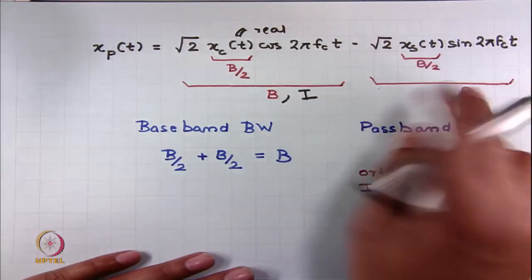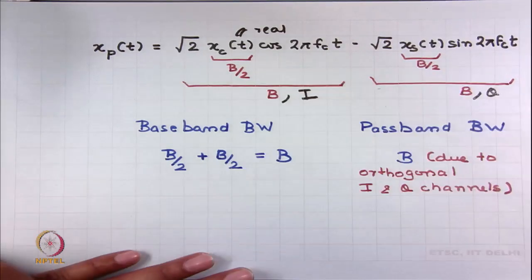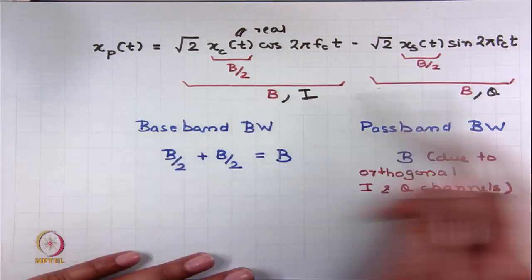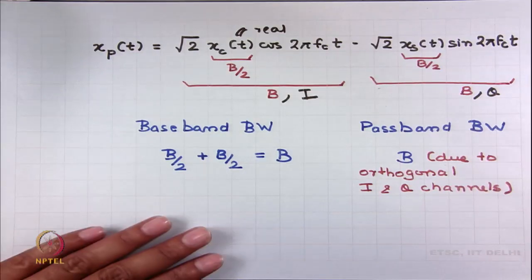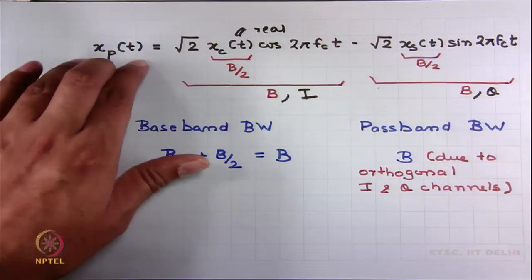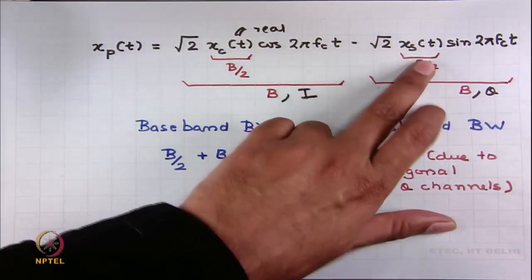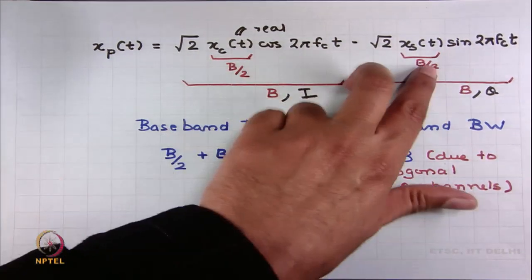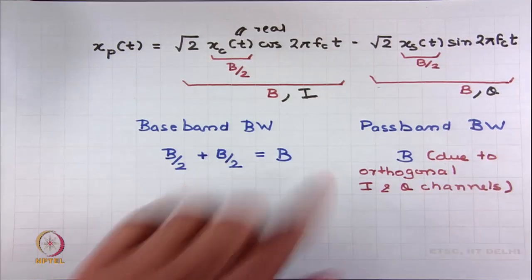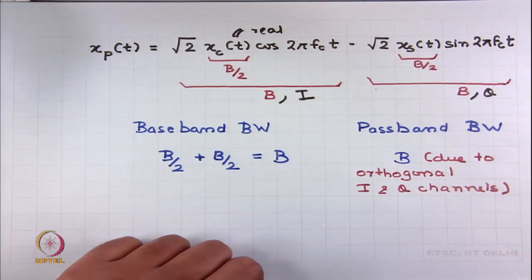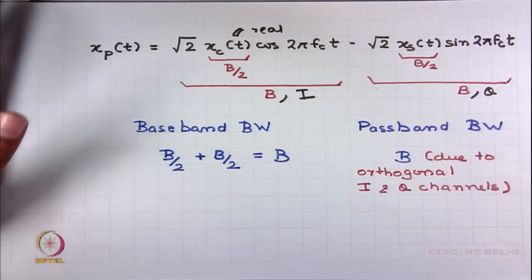The bandwidth of this Q channel is also B for the same reason, but the total bandwidth of the signal is also B, it does not add up. Why? Because I and Q are orthogonal components, and thus the total bandwidth of x_p(t) is B, and the baseband bandwidth is B. Okay. So, this is one idea why we like to use quadrature amplitude modulation.